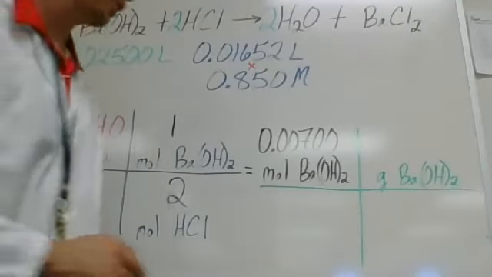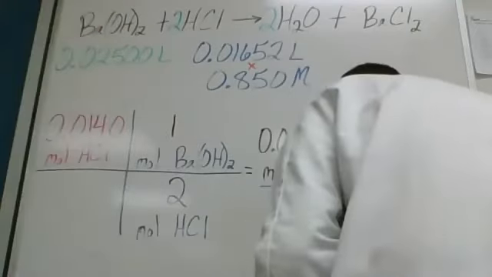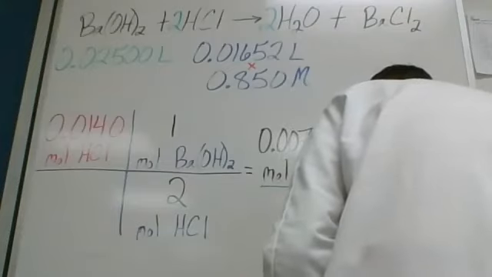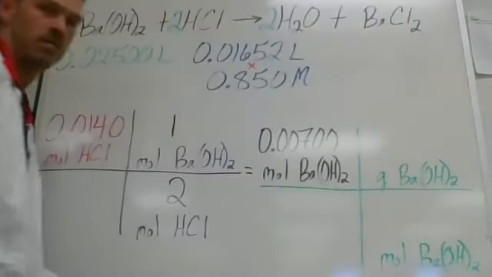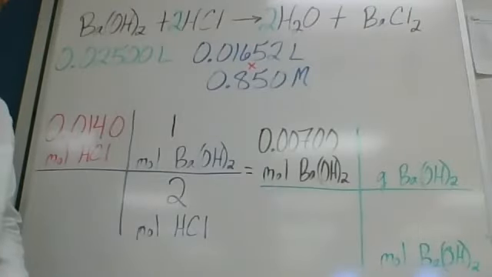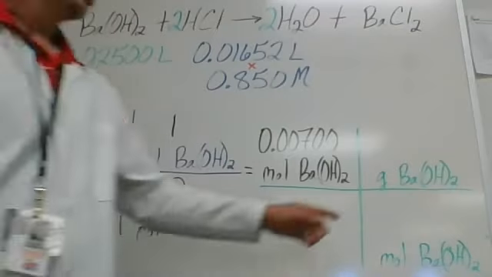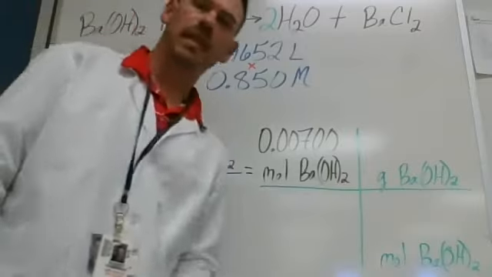Make the diagonal match letters. Grams over moles is going to say 1 mole is equal to the molar mass in grams.